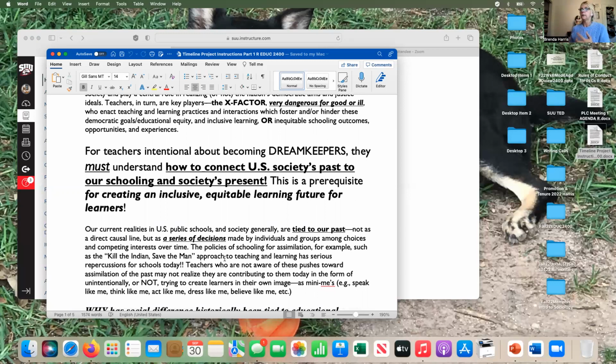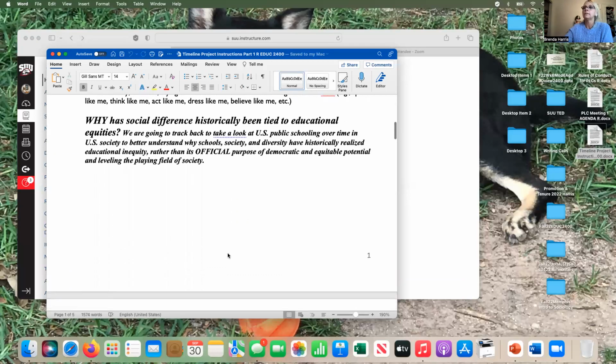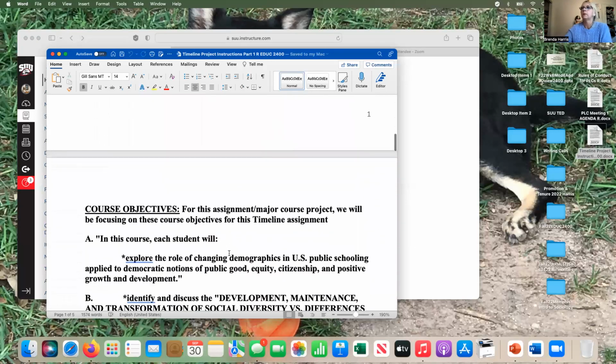And today we feel the residue of that in our classrooms, whether we know about it or not. So you need to know about why are the babies in the river to be able to redirect the babies, and address why are the babies in the river. Okay, so that's what this assignment is basically about.